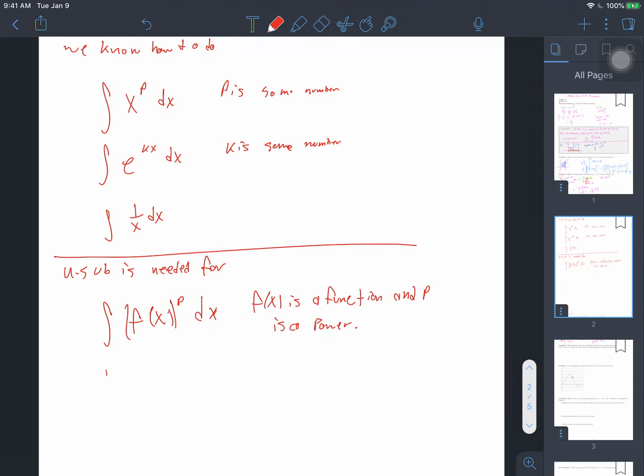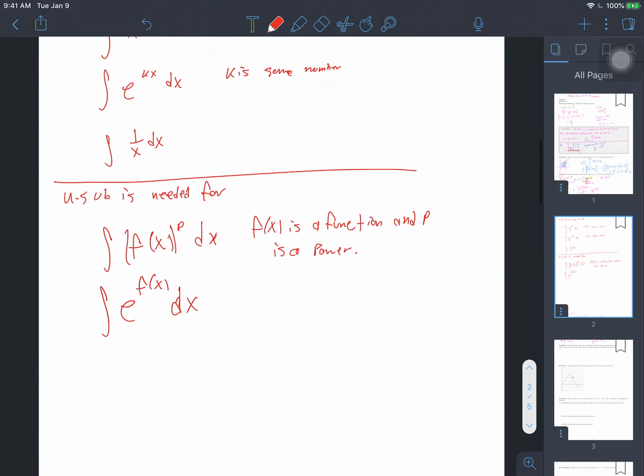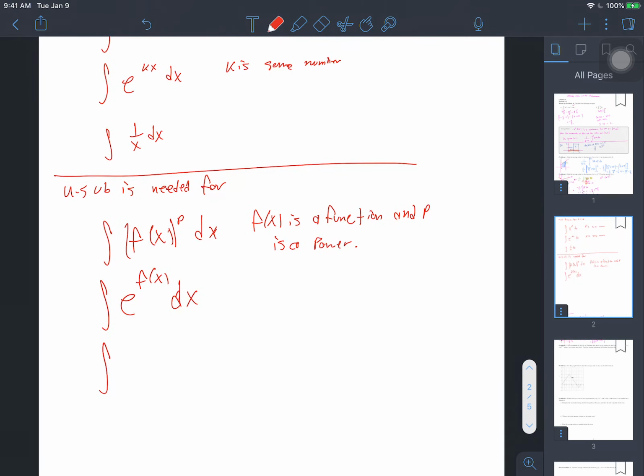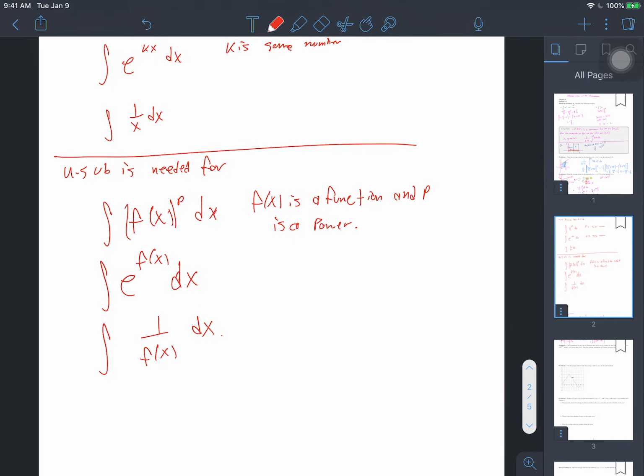We need u substitution for things like e to the f of x dx, and for things like 1 over f of x dx, or things like the integral of f of x times g of x dx.